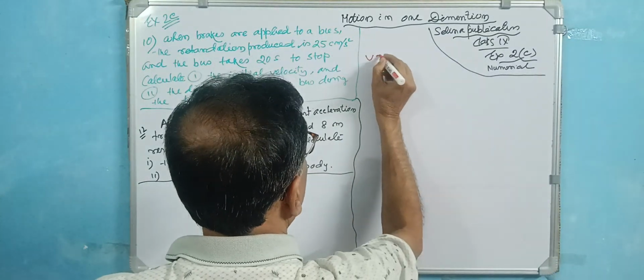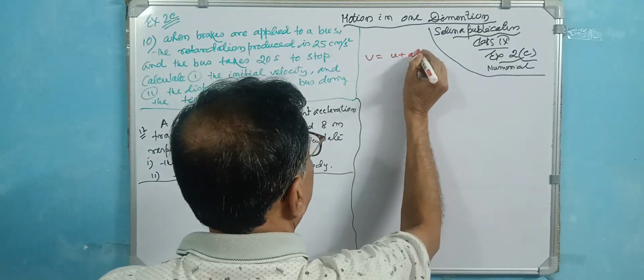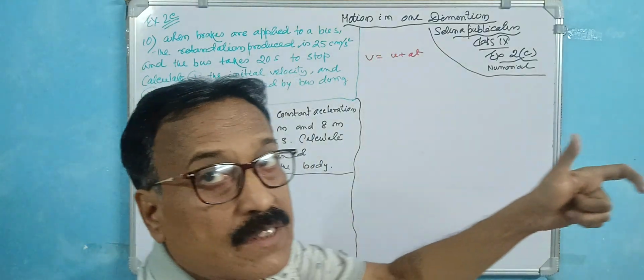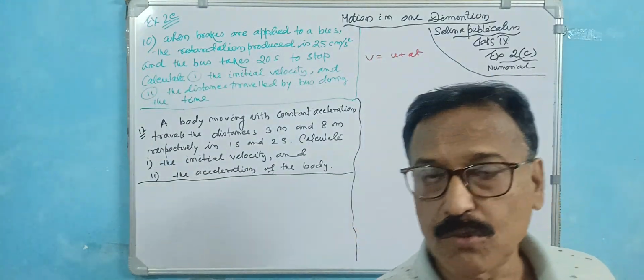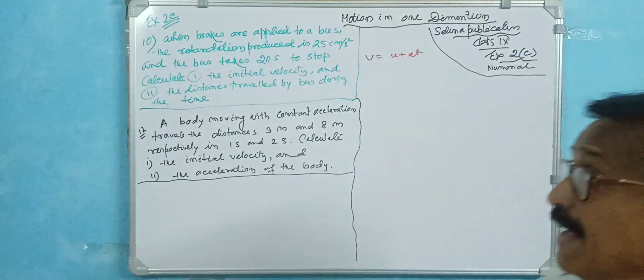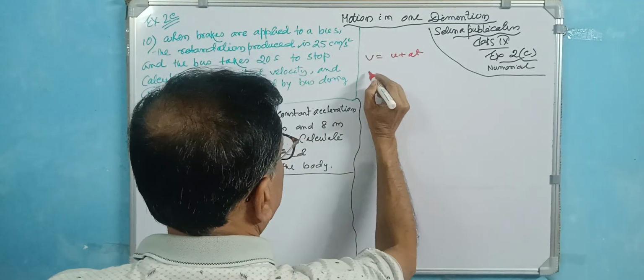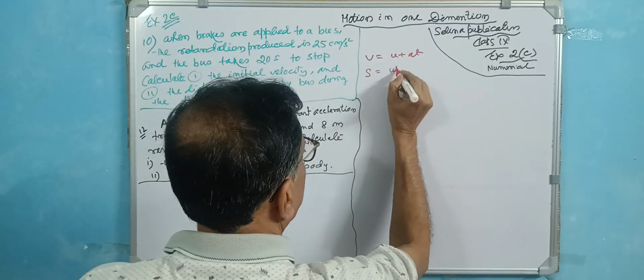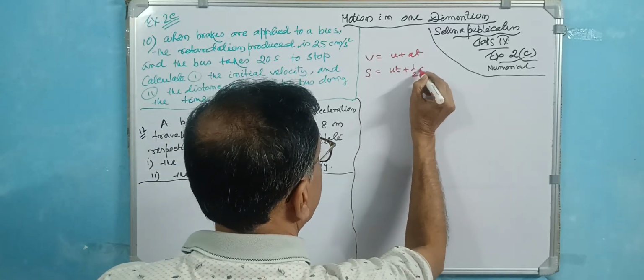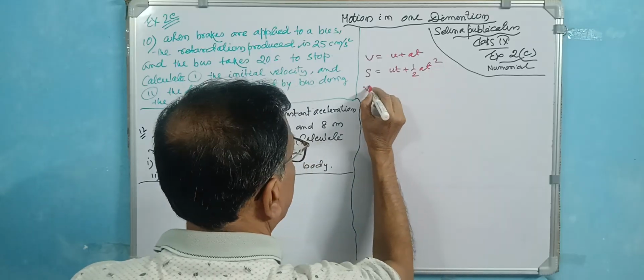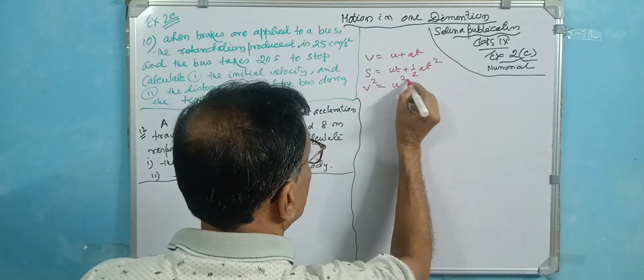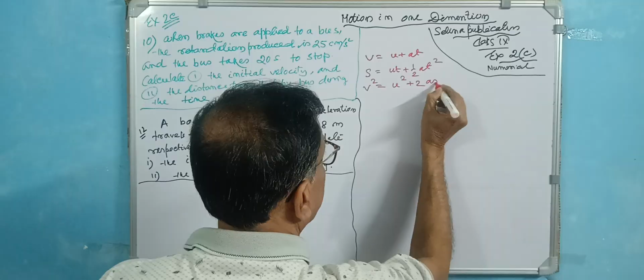First formula you know: V is equal to U plus AT. V denotes the final velocity, U denotes the initial velocity, A is the acceleration, T is the time. The other two formulas are S is equal to UT plus half AT square, and V square is equal to U square plus twice AS.